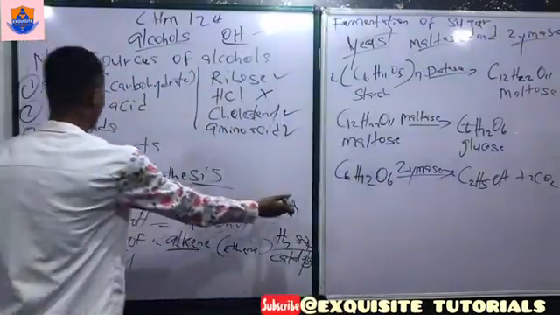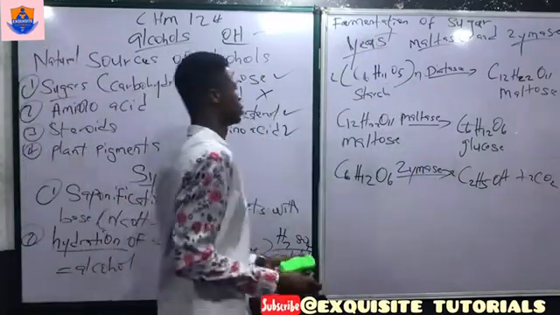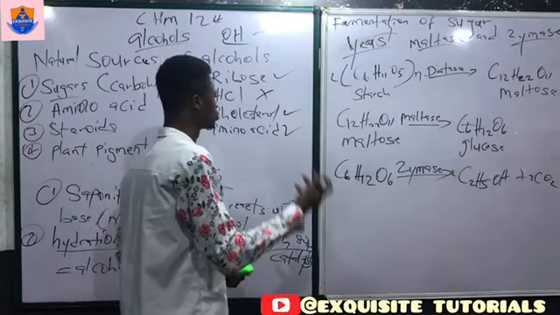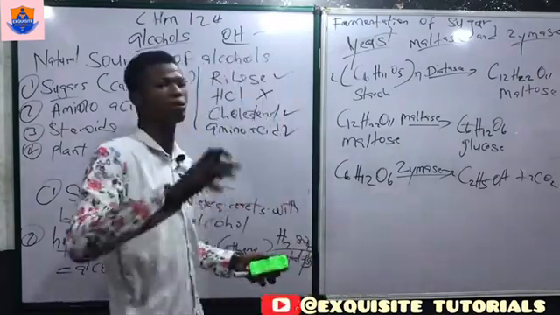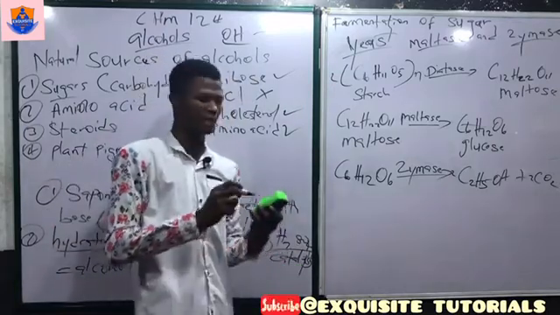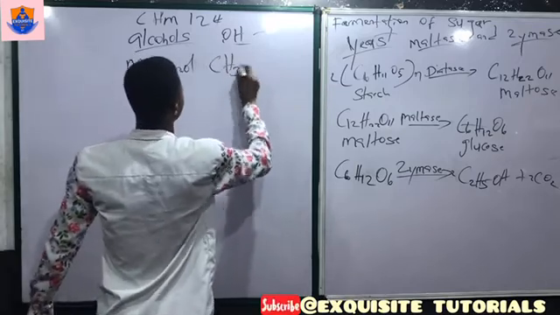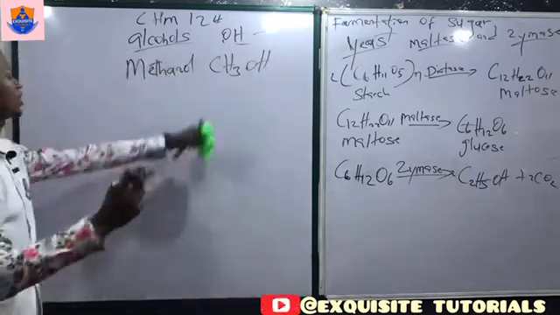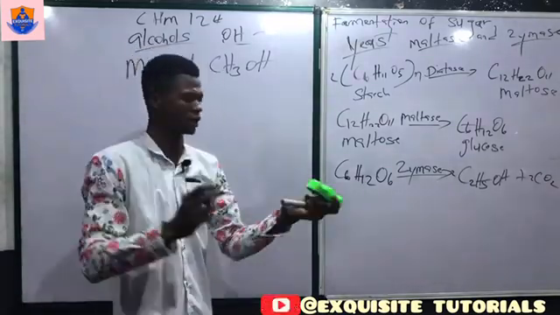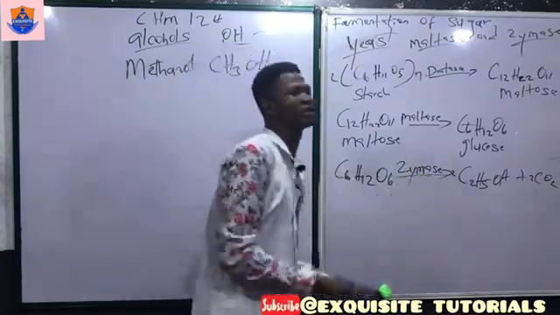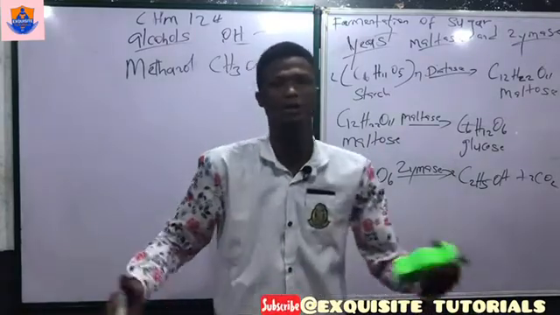Remember, we talked about the saponification of esters, hydration of alkene, and fermentation of sugar. Now, we are going to look into two vital alcohols, methanol, with the formula CH3OH, and ethanol. First, we are going to talk about methanol: its preparation, its uses, and some properties.